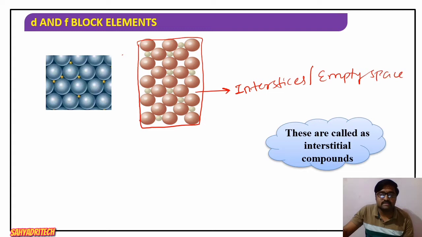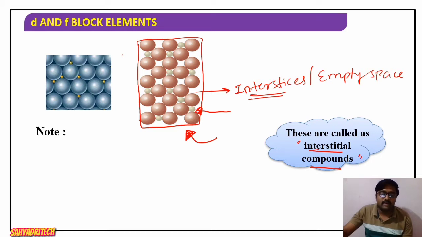In these empty spaces, smaller particles are going to occupy, or the small particles are trapped at the interstices in the crystal lattice of an element. The resultant compounds are called interstitial compounds. So when small particles are trapped, or embedded, at the interstices in the crystal lattice of a compound, such compounds are called interstitial compounds.